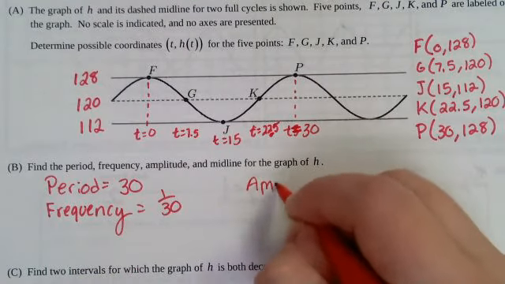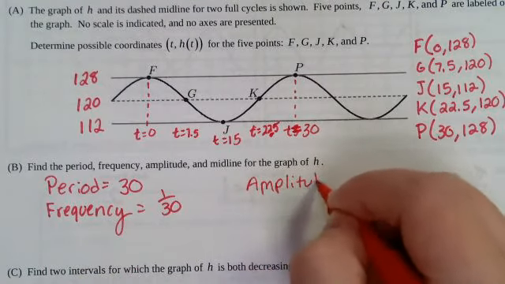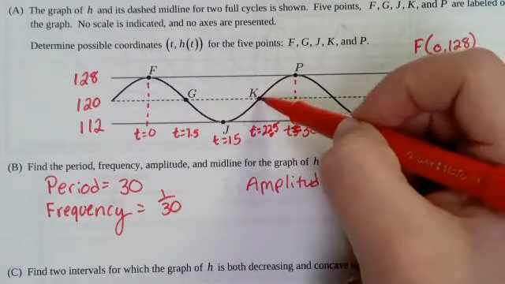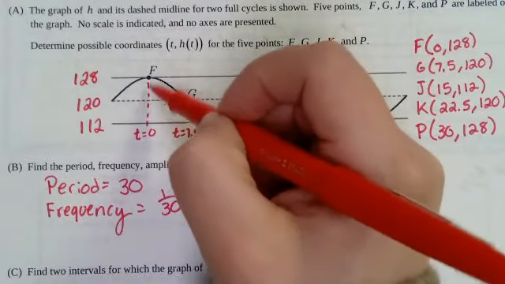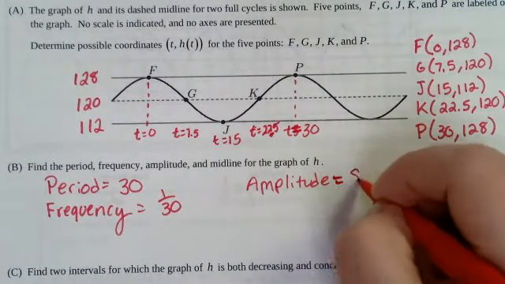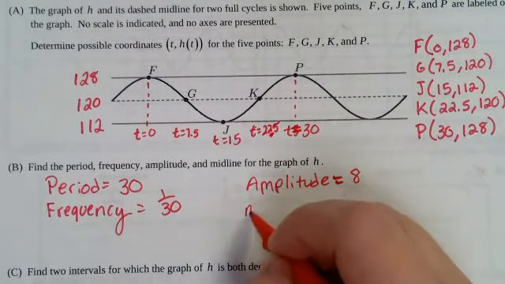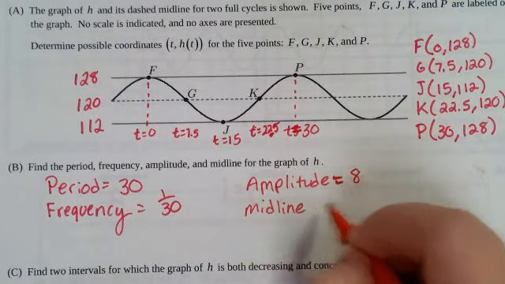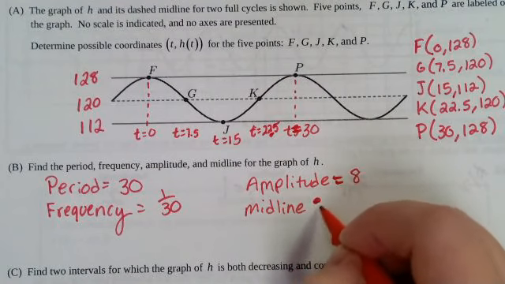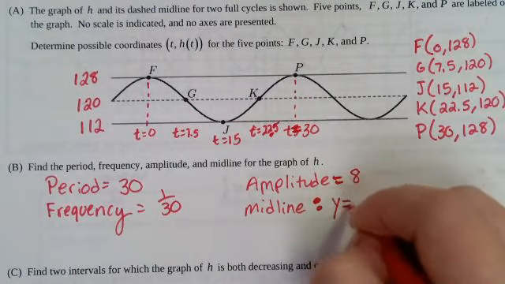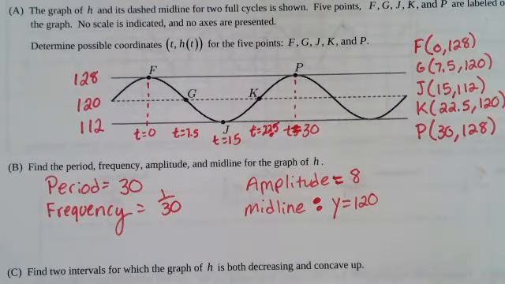Amplitude is the height of the wave from the midline to the highest point, which was 8. And then the midline is the line that cuts this in half, and that's 120. So y equals 120.